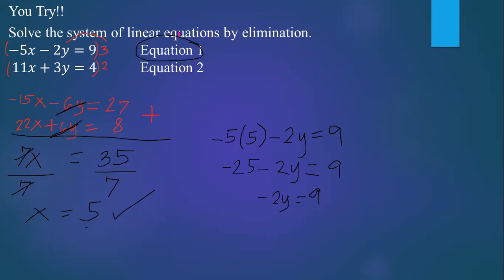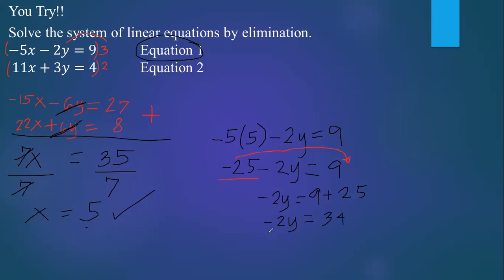Students, take note, this is negative 25 and we transpose to the right, so we change the sign. So therefore 9 plus 25 equals 34.